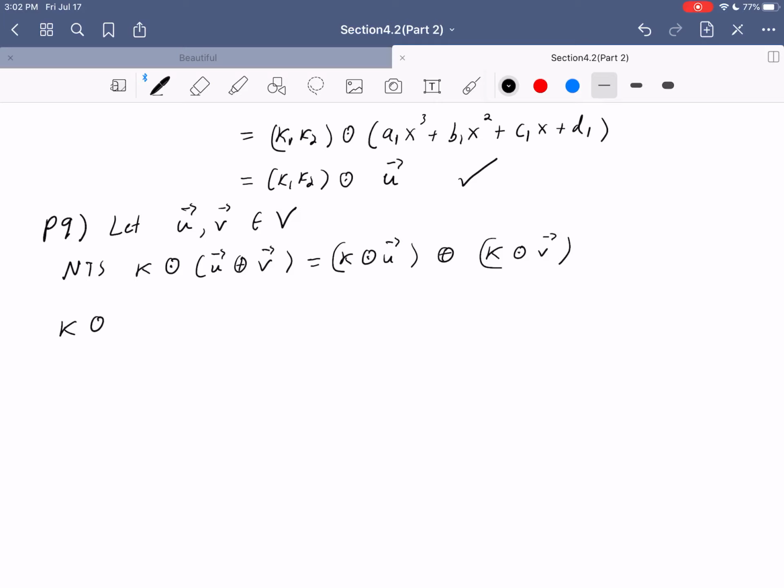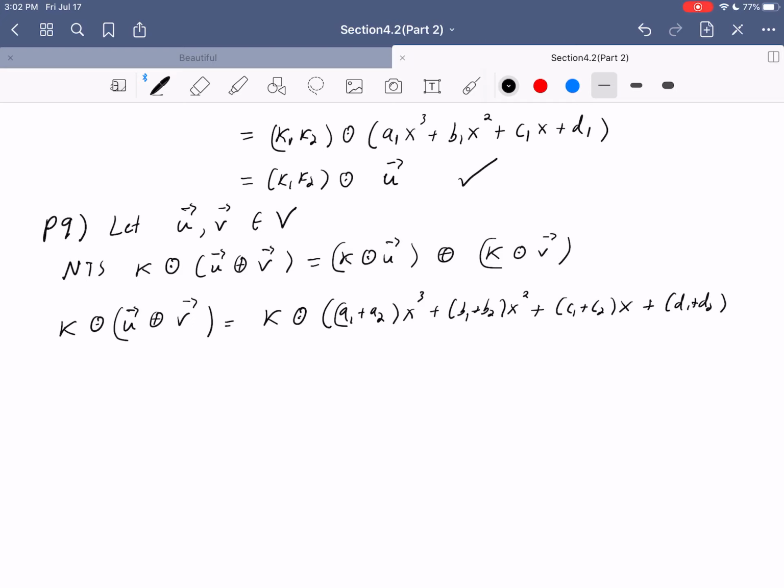So K dot U plus V. We know that that's going to be K scalar multiplied with the U plus V, which is going to be A1 plus A2 x cubed plus B1 plus B2 x squared plus C1 plus C2 x plus D1 plus D2.